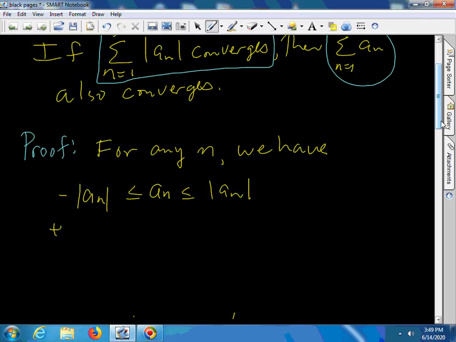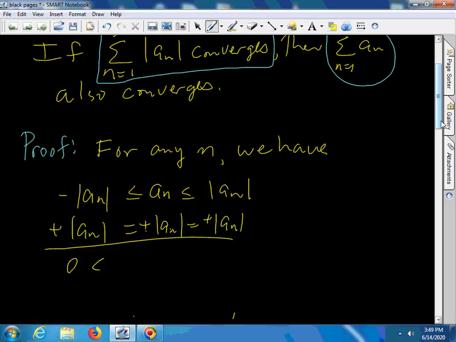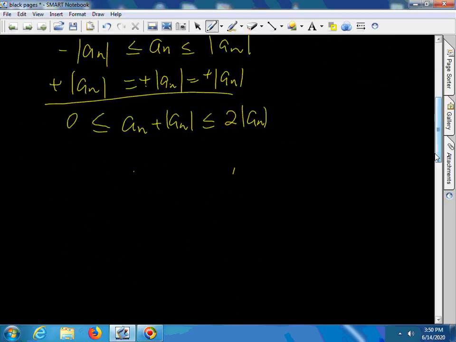Now, if you were to add the absolute value of a sub n to all three sides, you would get 0 is less than or equal to a sub n plus the absolute value of a sub n, which is less than or equal to 2 times the absolute value of a sub n. Okay. Now, a quick comment.